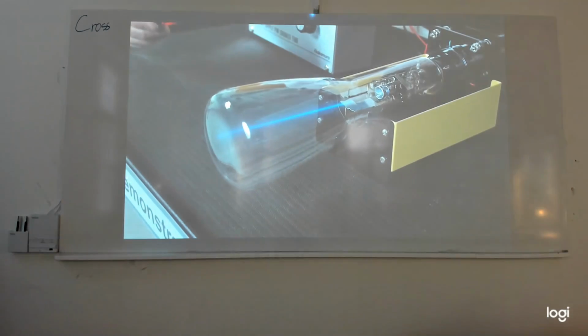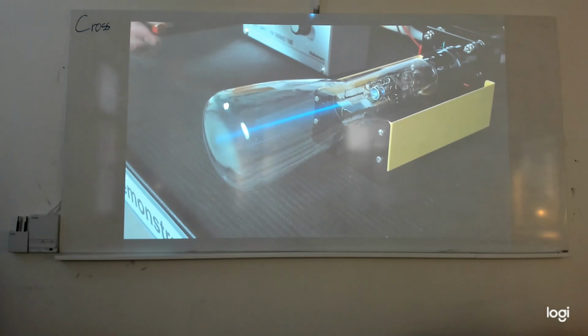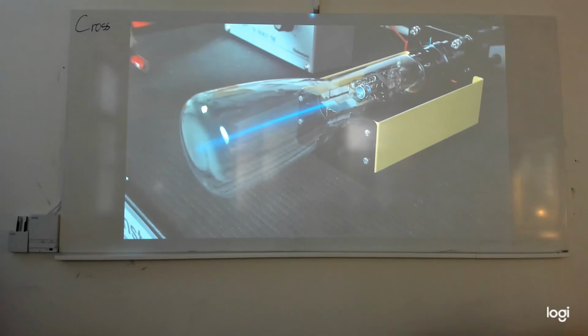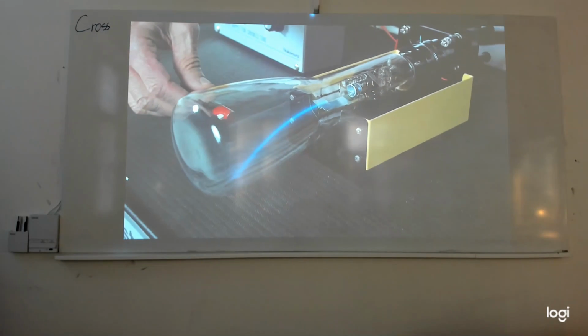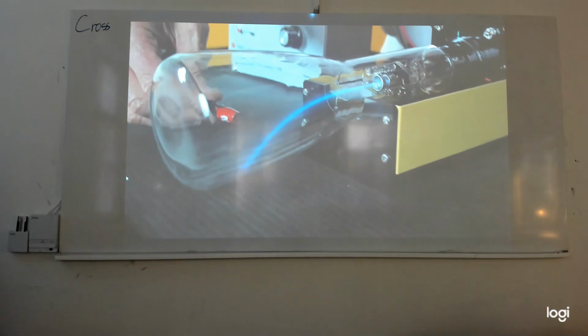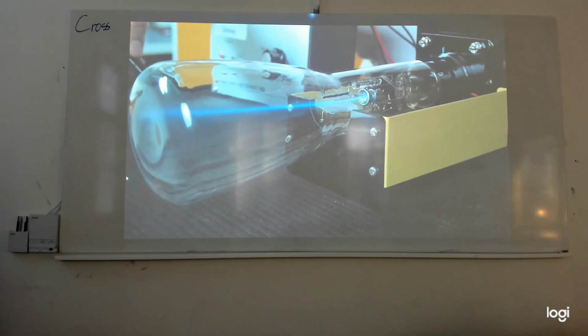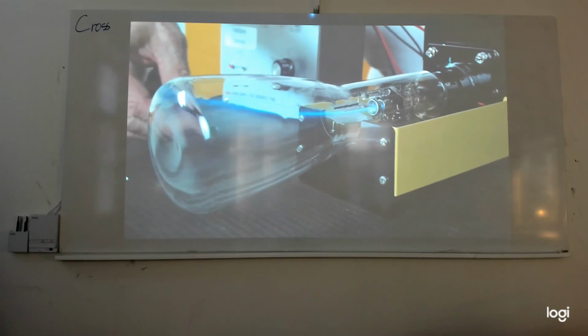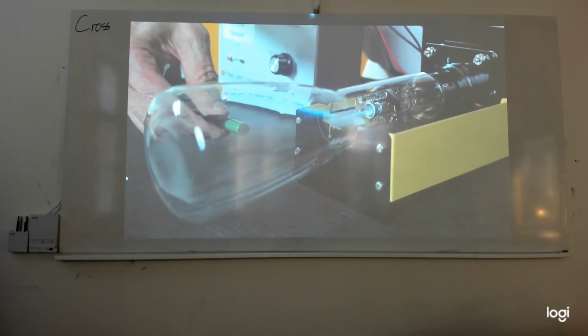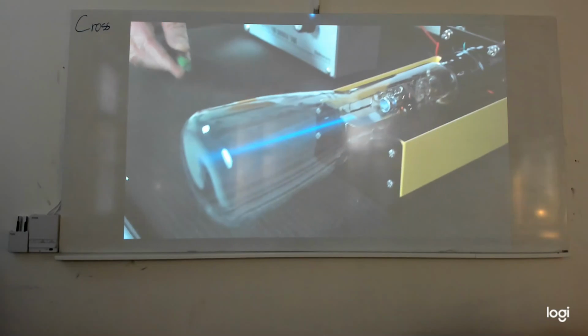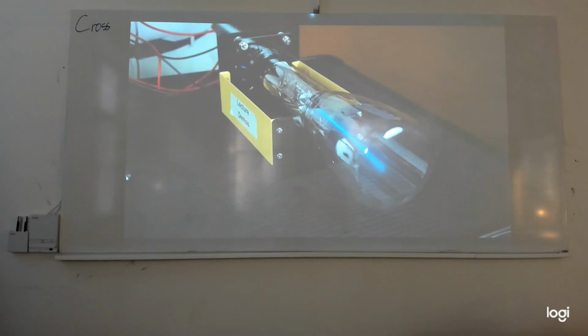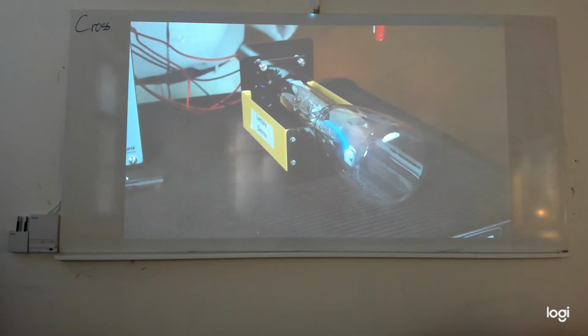The beam is horizontal outward. When the magnetic field points to the right, the beam bends downward. When we switch the magnetic field, switch the direction of the magnetic field, the beam bends upward. When the magnetic field is pointing straight down, the beam bends to the left.